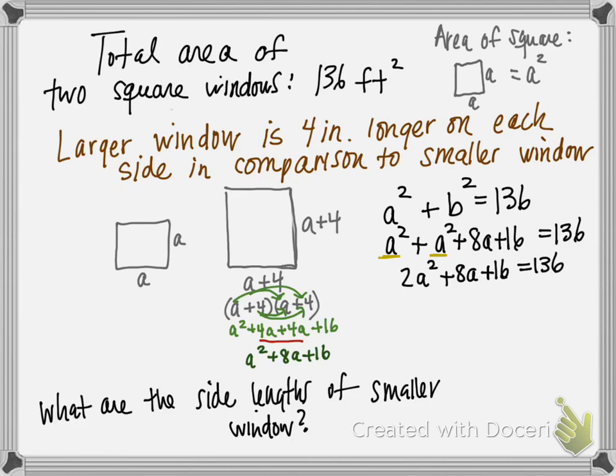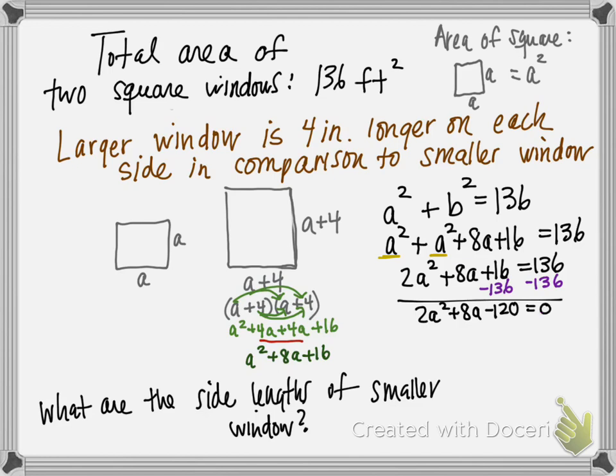And in order to solve for A, since this is a quadratic, meaning your highest degree has a power of 2, we need to make sure this equation is equal to 0. So I need to subtract 136 from both sides. And so I'm left with 2A squared plus 8A minus 120 is equal to 0.